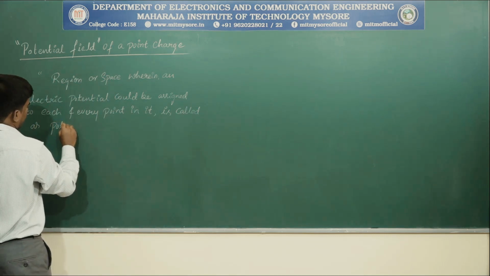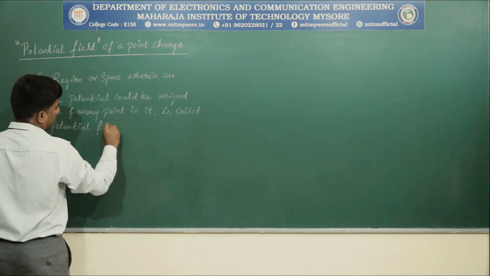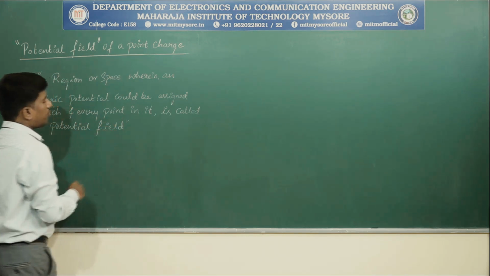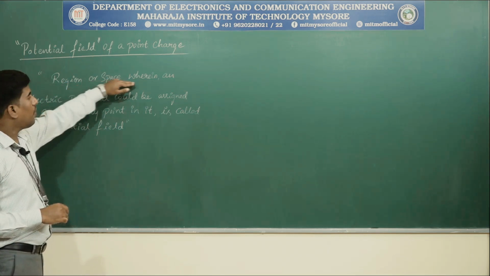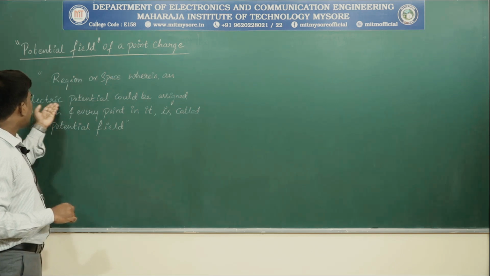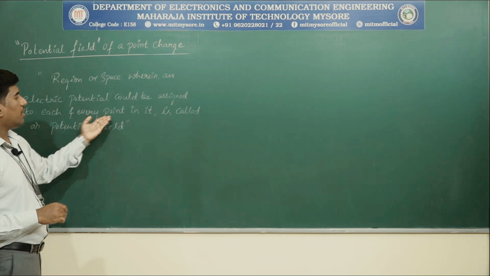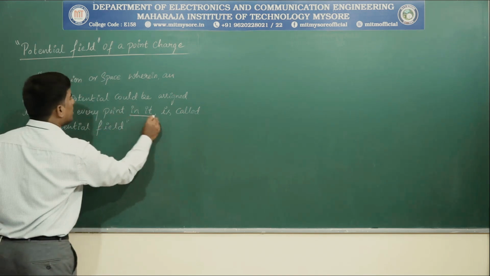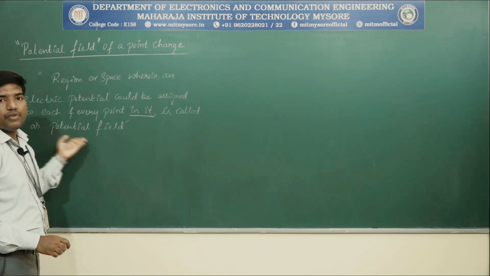This is the definition of potential field. Let me read again: a region or space wherein an electric potential could be assigned to each and every point in it is called a potential field.